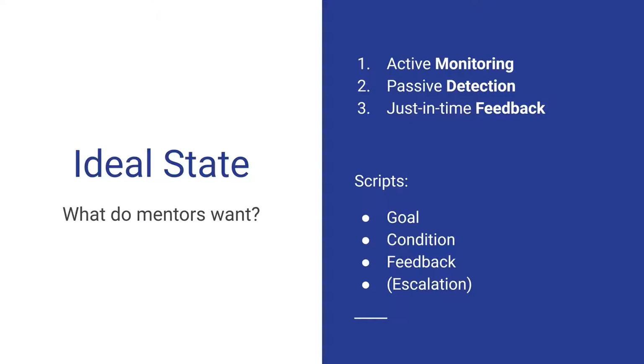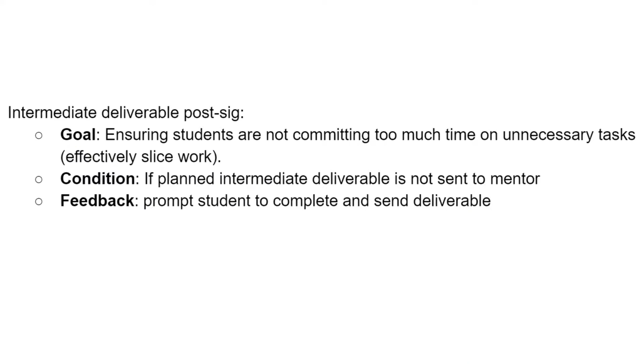One specific example of this would be an intermediate deliverable post-SIG. If a student and mentor agree upon a specific deliverable for next week's SIG, a mentor might ask a student to send a smaller slice of that deliverable somewhere during the week. The goal for this would be ensuring that students are not committing too much time on unnecessary tasks without the proper direction.